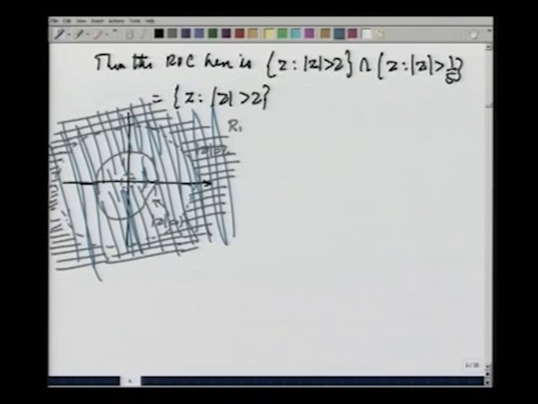Clearly, the ROC of the combination is the intersection of the individual ROCs, which comes to this. This is what we have just proved, and this explains a lot of things.